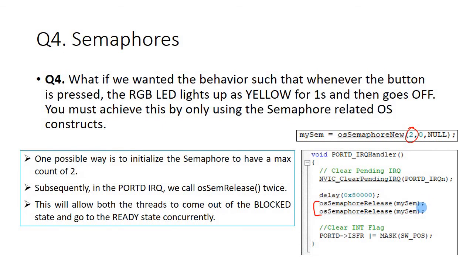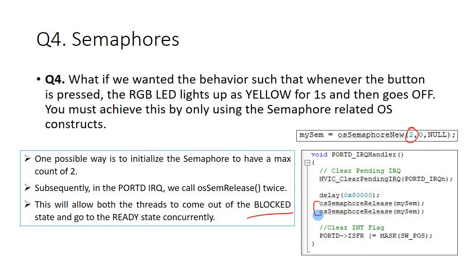It will increase the count by 2, which means 2 tasks in the queue will be able to get a semaphore. Both the red LED thread and the green LED thread will get a semaphore, come out of the blocked state, and eventually run concurrently.